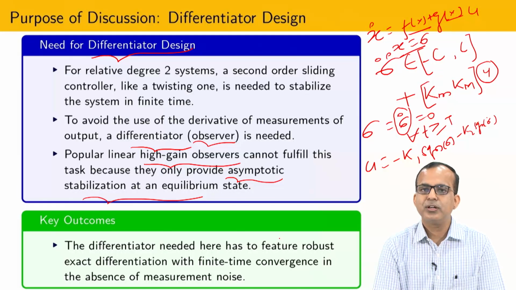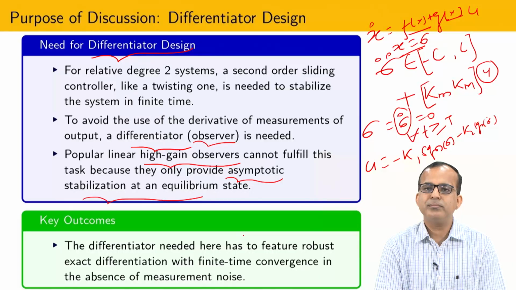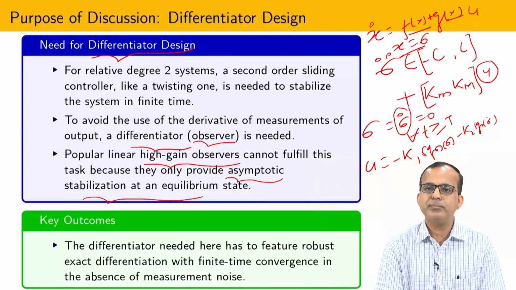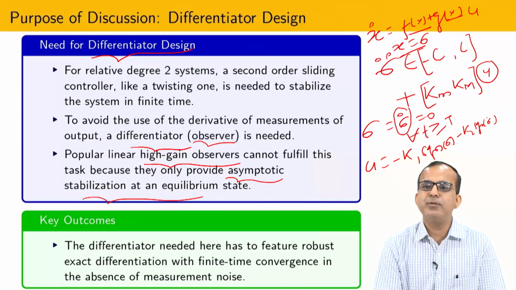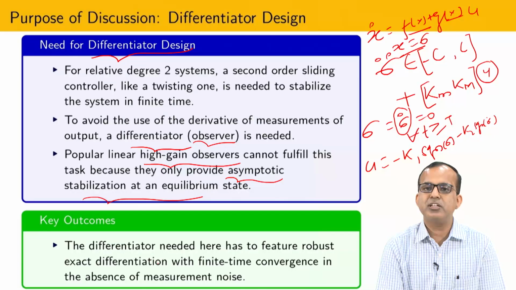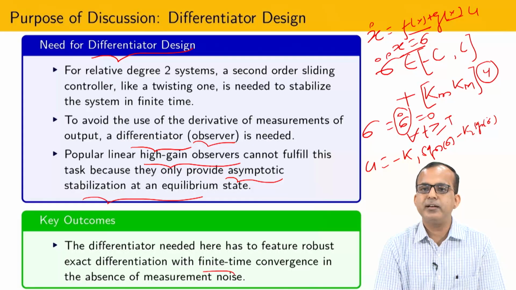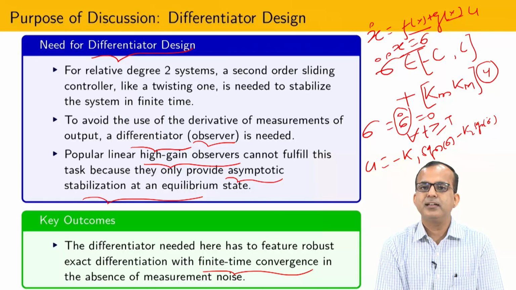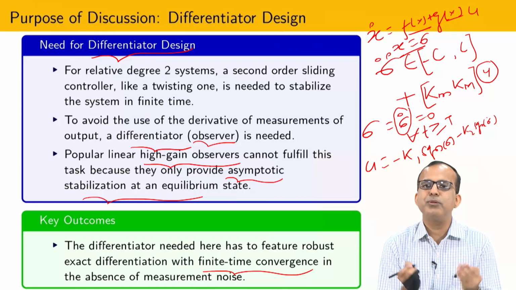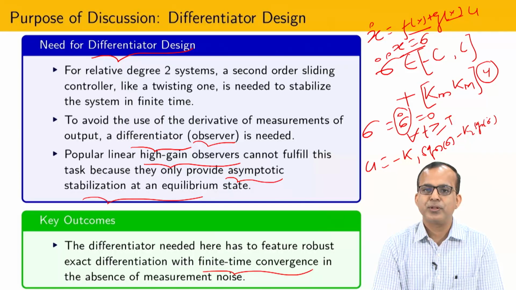So what is the key outcome? The key outcome required whenever you implement sliding mode control, or particularly higher order sliding mode control, is that whatever differentiator you select maintains finite time convergence in the presence of measurement noise. But in this lecture I am just going to give you the foundation stone of how differentiator design comes into the picture.